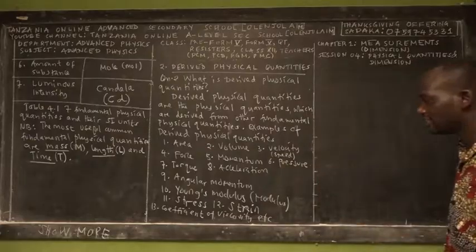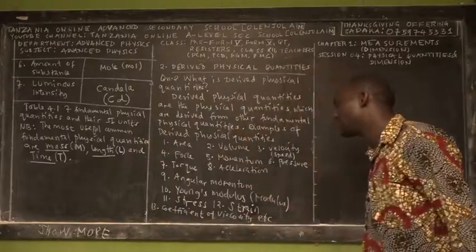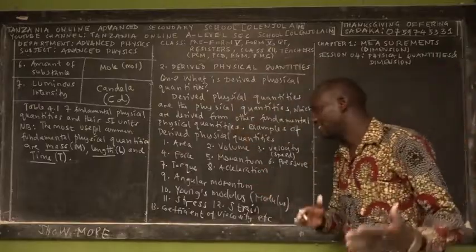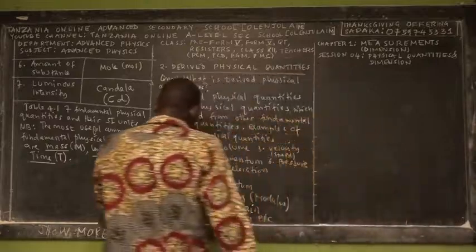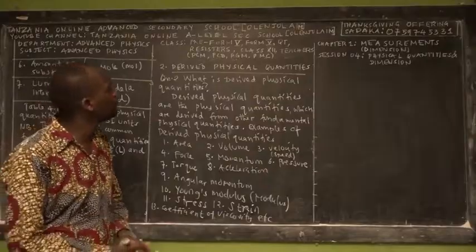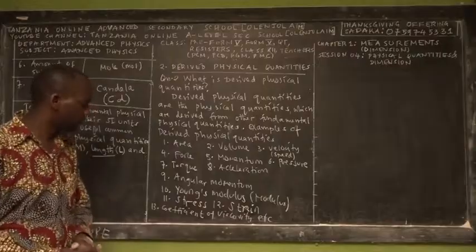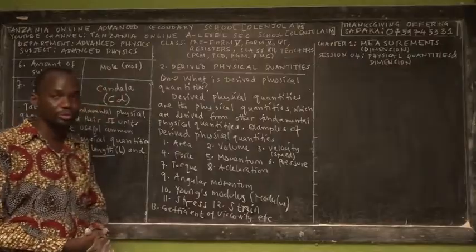But the ninth to the thirteenth examples are new physical quantities that we are going to teach you in advanced physics Form 5. For example, angular momentum we will teach you in one of the topics of mechanics, called rotation of the rigid body.